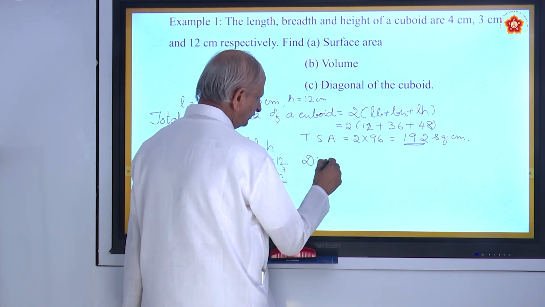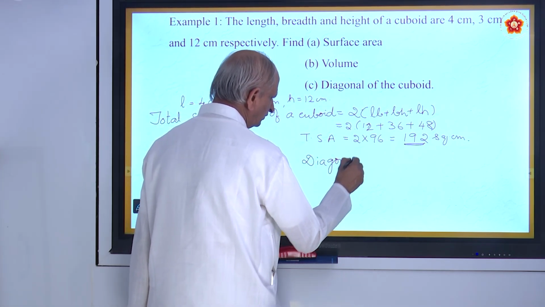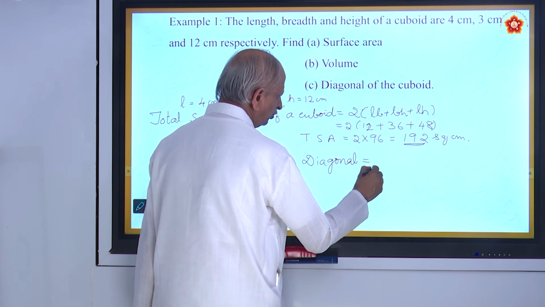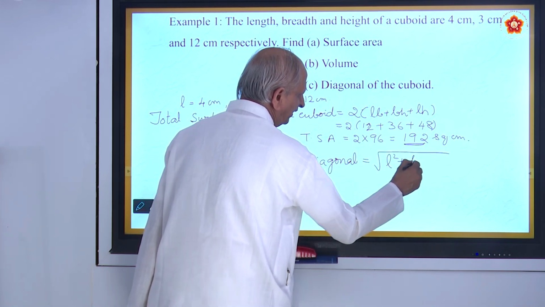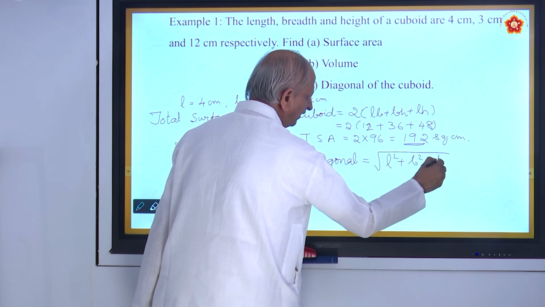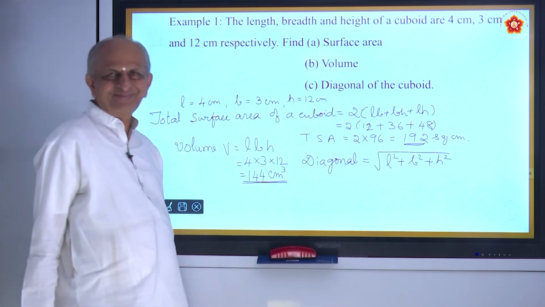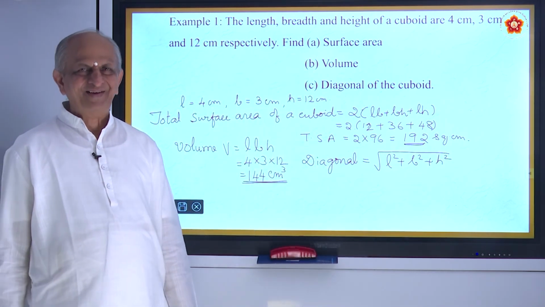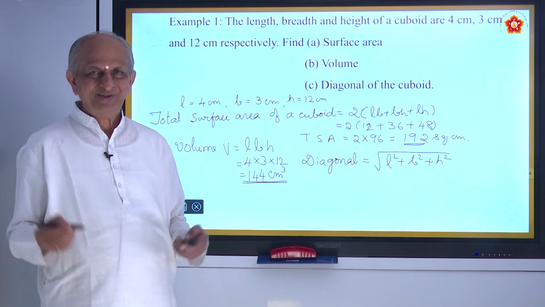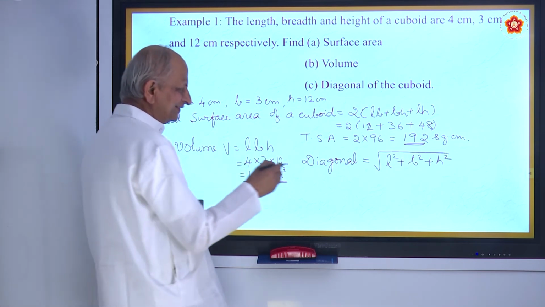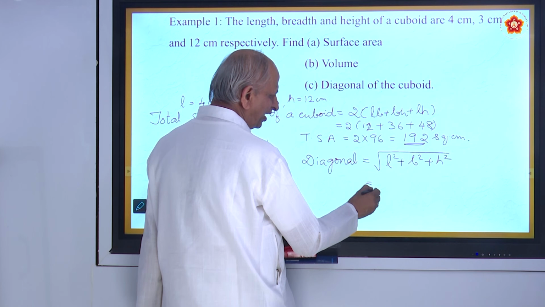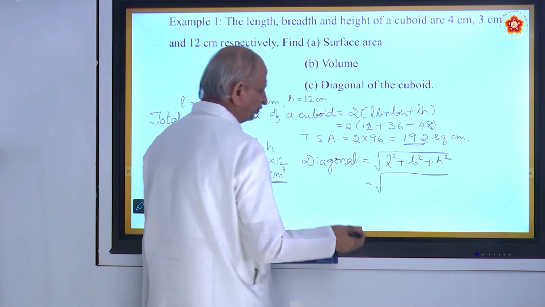Diagonal of a cuboid is equal to root of L square plus B square plus H square. Done it? Come on, do with me. You must be faster than me. Okay? So, root of L square.